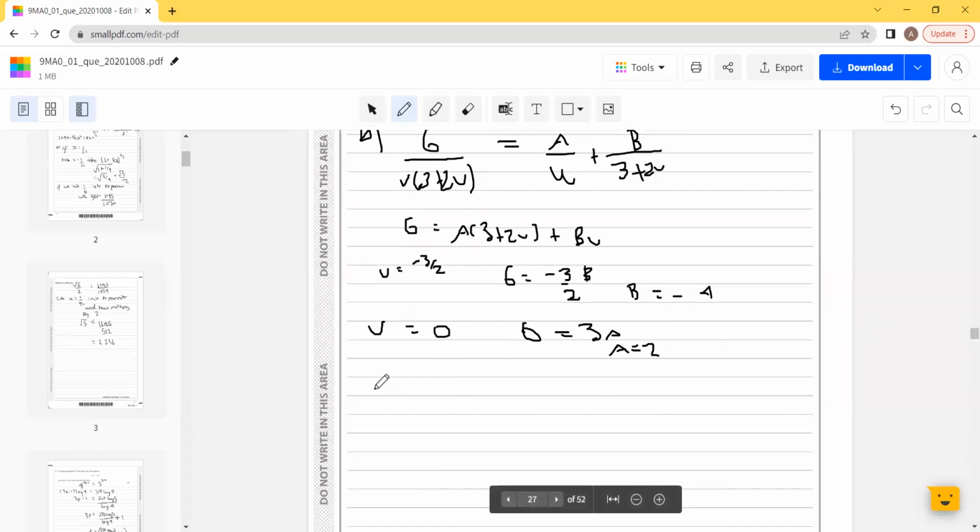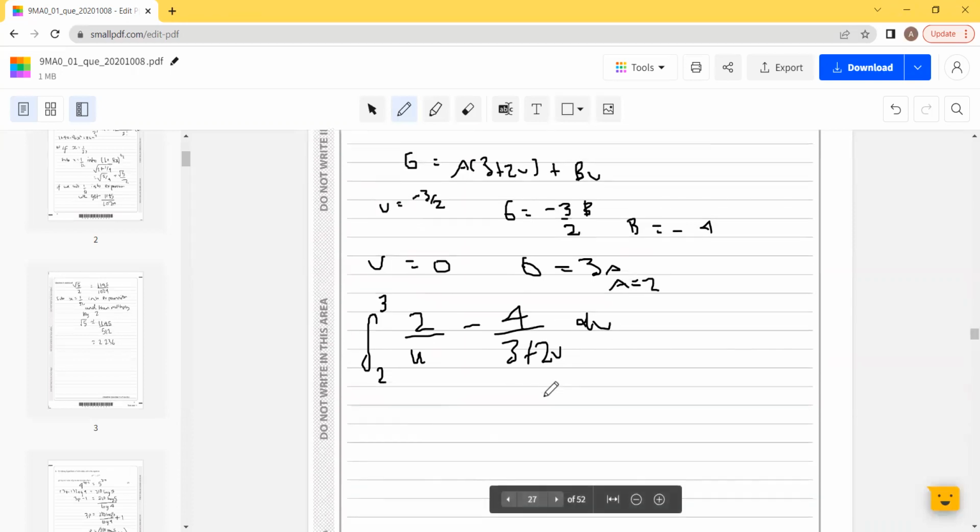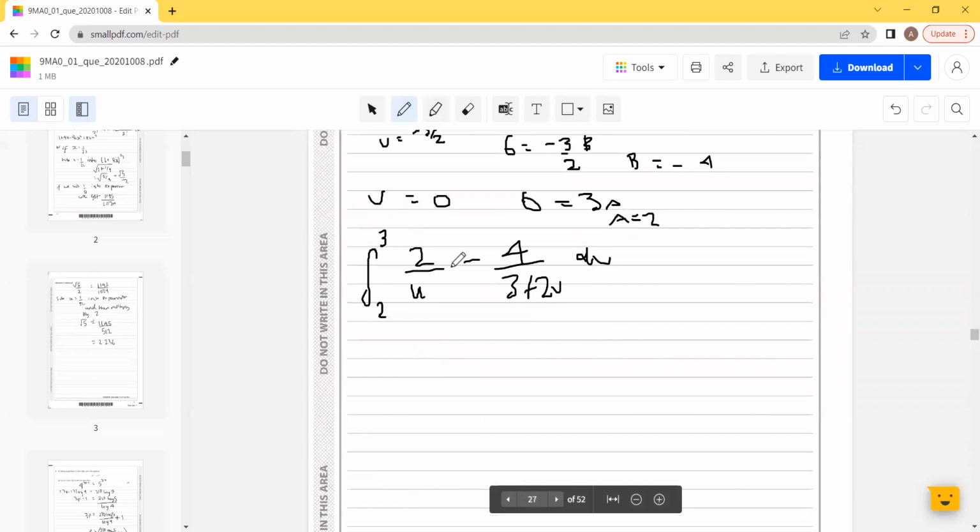So now I have the integral between 3 and 2 of 2 over u minus 4 over 3 plus 2u du. Okay, so this term over here becomes 2 ln u.